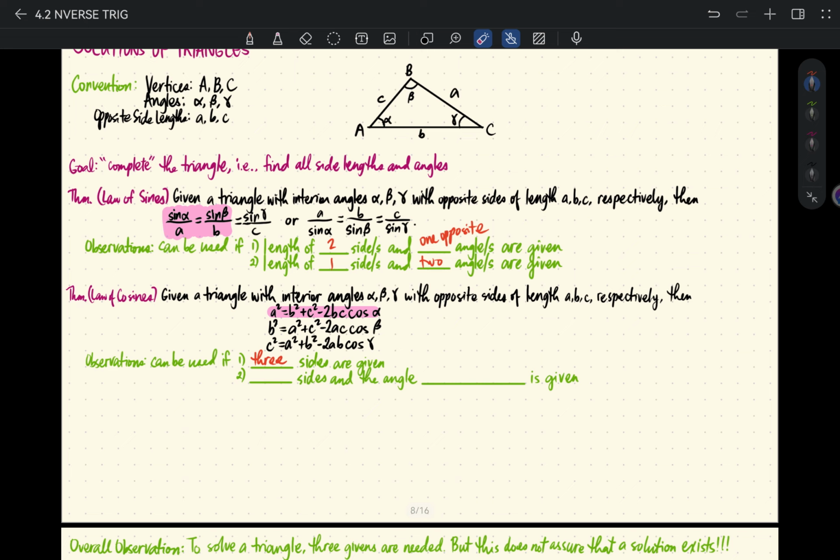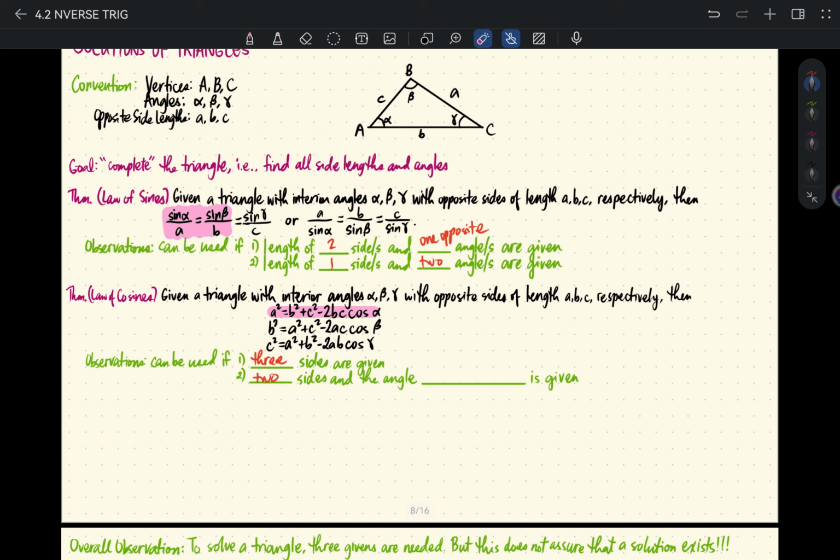So instead, we can use law of cosines. If this one right here is missing, it's quite convenient, provided you have b, c, and the opposite angle alpha. So we can use law of cosines if you are given 2 sides.